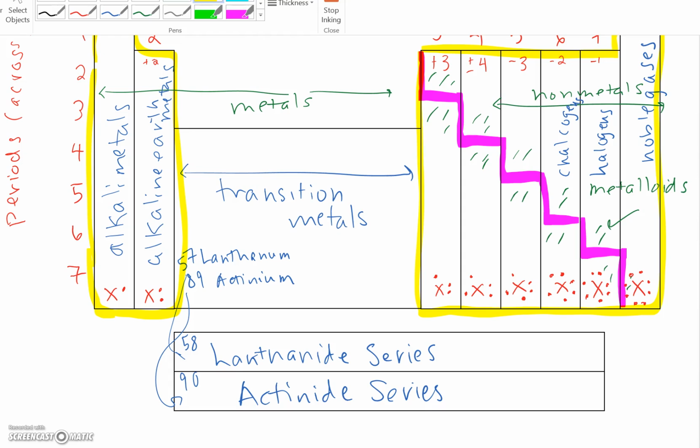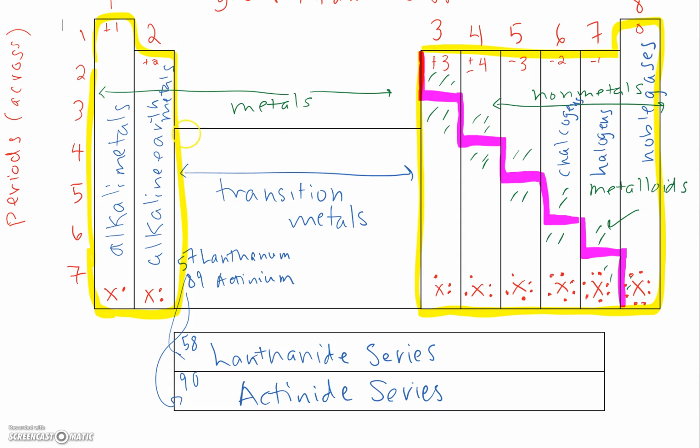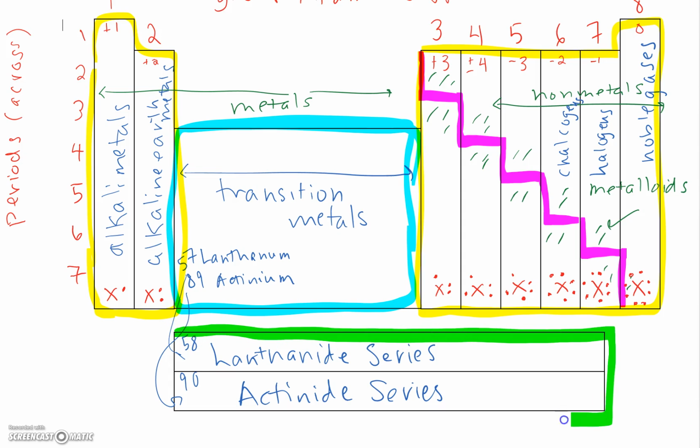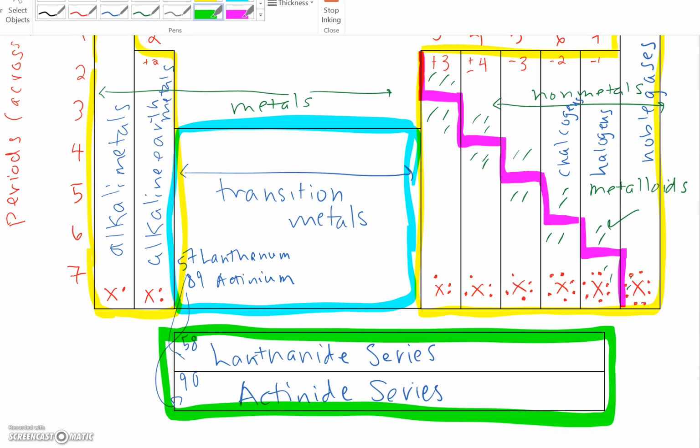And then I'm going to highlight this group in blue. And then I'm going to highlight this group in green. I didn't want to use the pink again because I didn't want to confuse everybody.